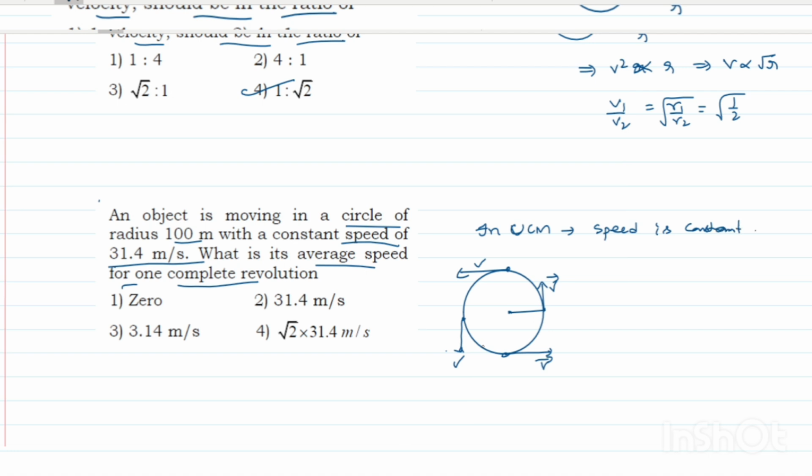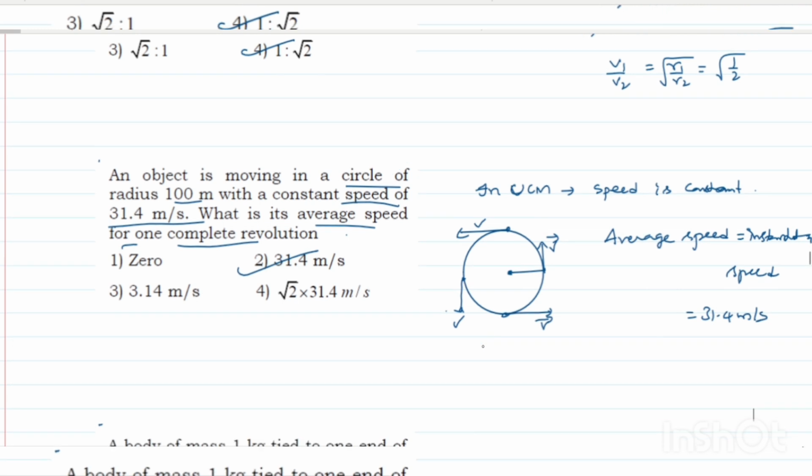That means the average speed is nothing but the instantaneous speed. They are asking for the average speed. At every instant of time the speed will be the same, so the same 31.4 meter per second is the average speed value. Its average speed is also 31.4 meter per second. Let us see the next question.